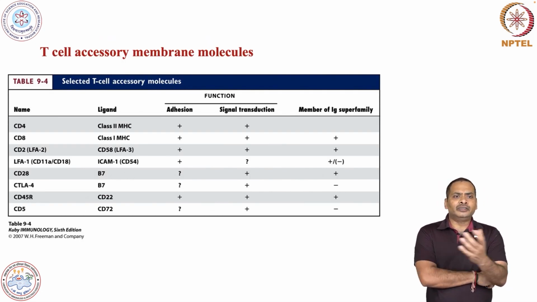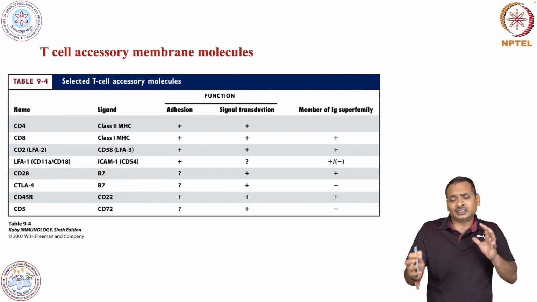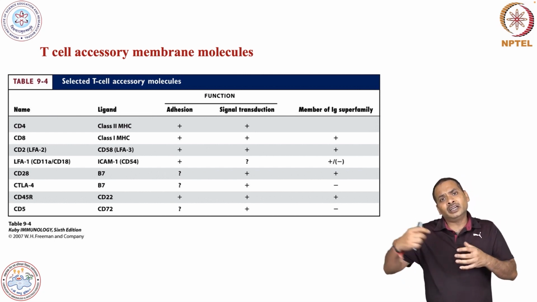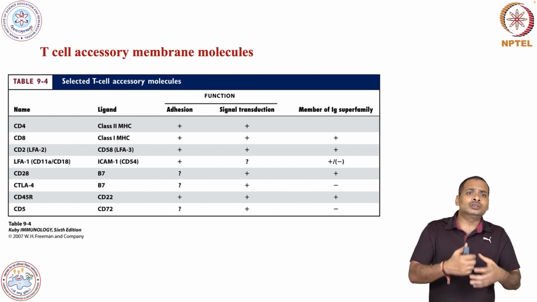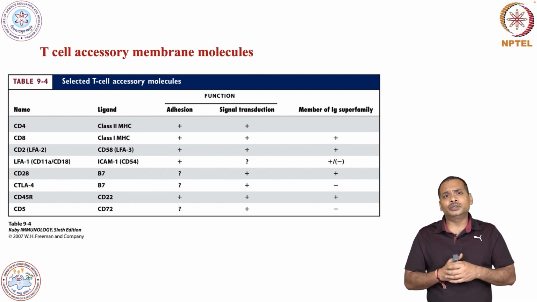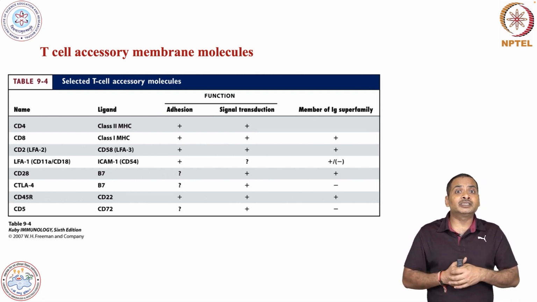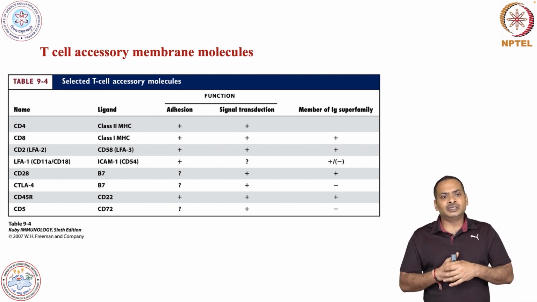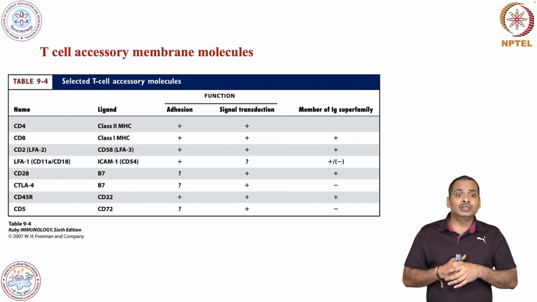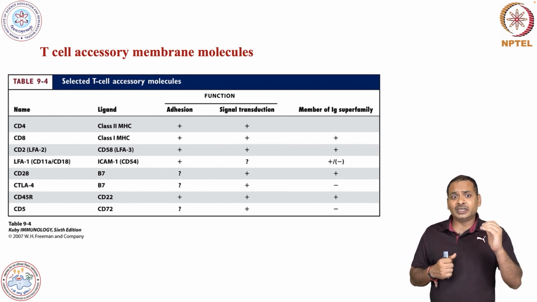Okay. Now I will show you, besides this TCR CD3 and MHC, cells also need some more accessory molecules in order to make this interaction fruitful. Okay. Here you can see that CD4 associates with the MHC class 2 molecule. Their main role is adhesion. Okay.